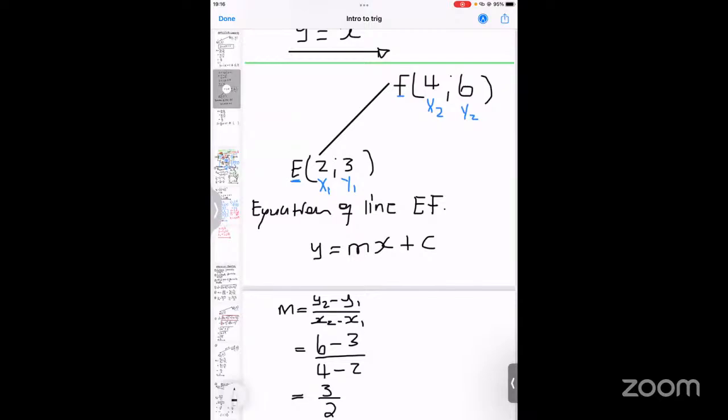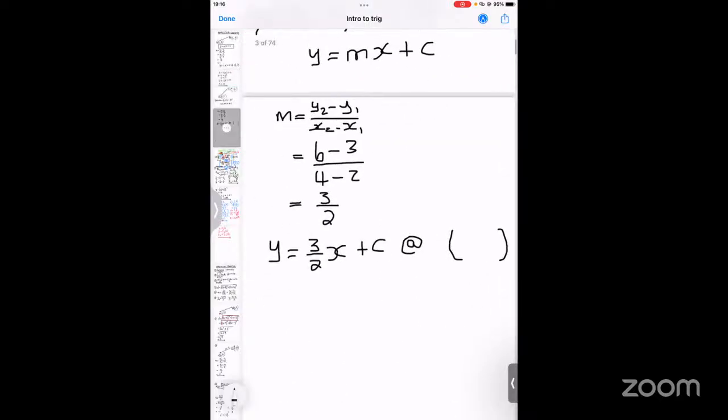Let me choose the one with small values, which is point E, having the coordinates of 2 and 3. So where I see x, I will put 2. Where I see y, I will put 3. Then it will become 3 equals 3 over 2 into 2 plus c.